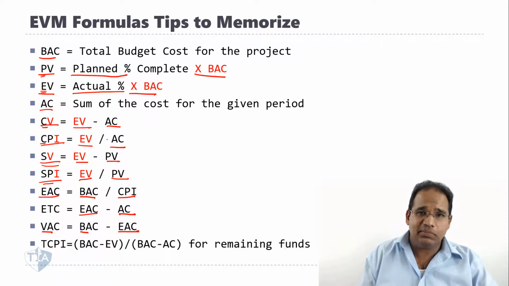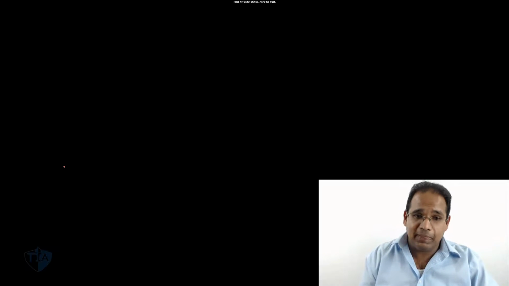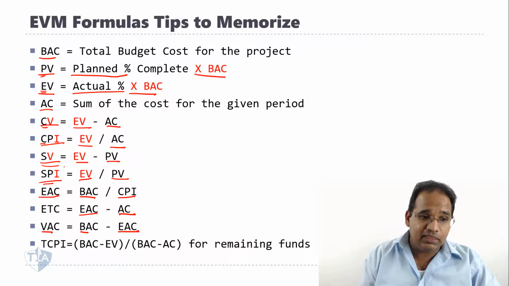Here's a quick tip on TCPI. TCPI stands for To Complete Performance Index, but I'll show you another way of reading it to help you get some numbers out of this. Notice it has the CPI in it, but it's a total. It's like the total of the CPI. The CPI is EV divided by AC.